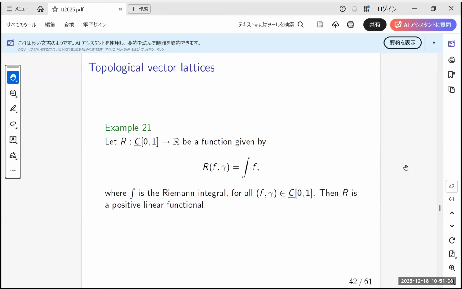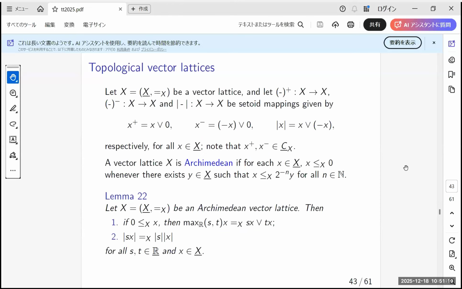And if we define R to be a linear Riemann integral, then it is a positive linear functional. And also we can define positive part, negative part, and absolute value in a vector lattice. And the vector lattice is Archimedean if x is less than 2 to the minus n y for all n, then x is negative.